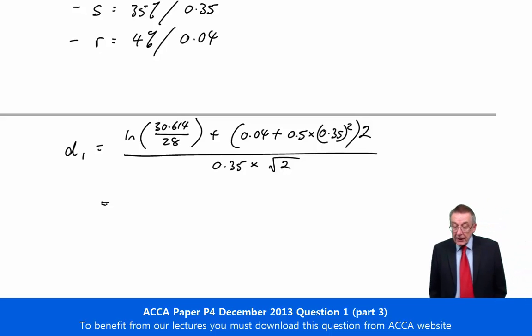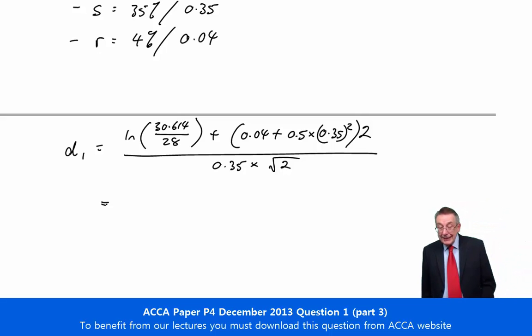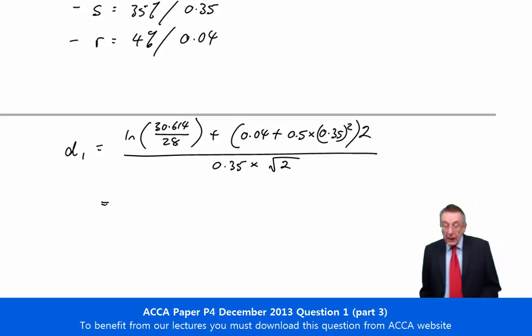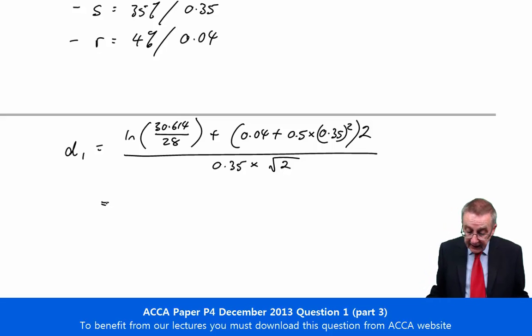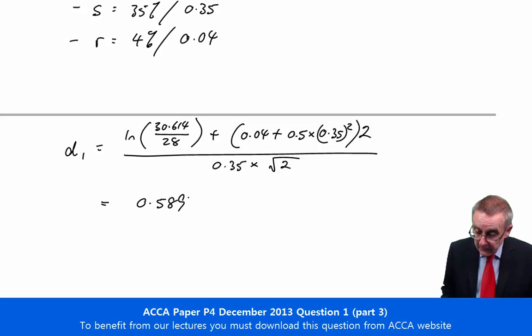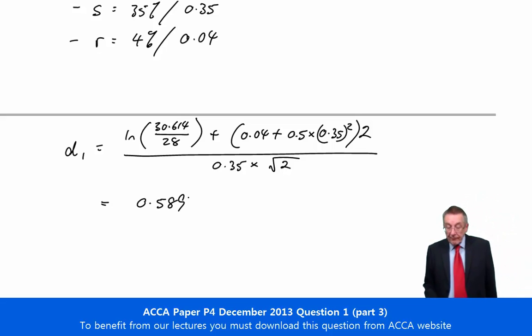Well, I said a moment ago, I'm sorry, I can't teach you how to use your calculator, and so I am not going to spend the next 10 minutes messing around with my calculator. I've worked out the answer to that, and it actually comes to 0.589. If you know what goes in, I can't keep repeating the same thing.